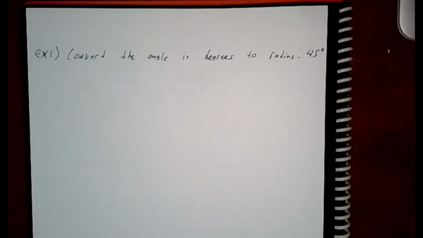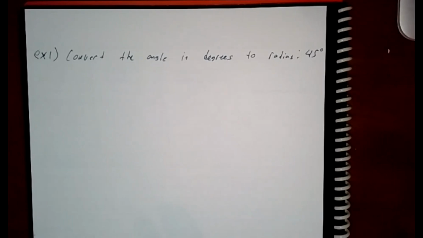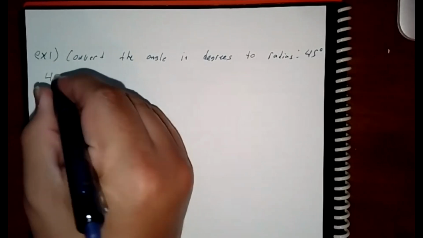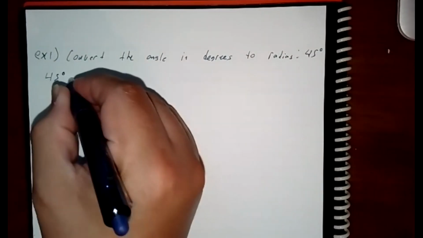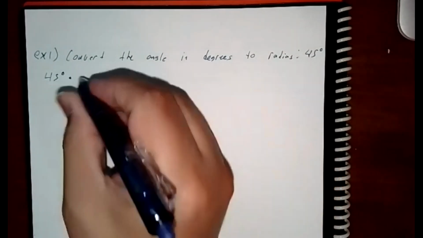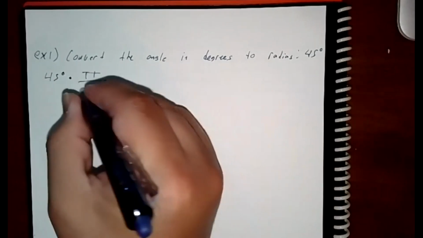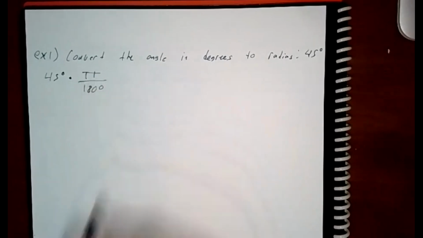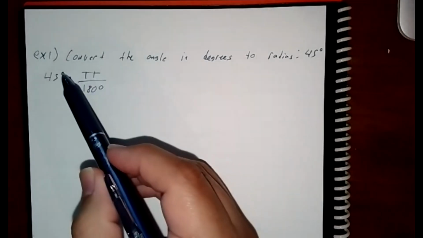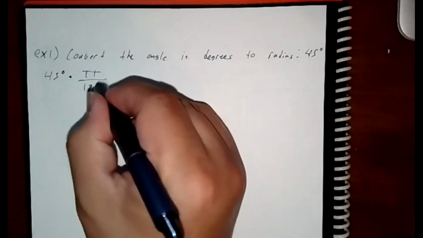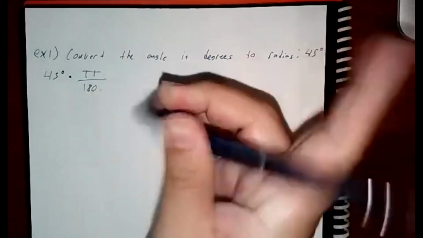Yeah, this is chapter 6, Kennedy. Okay, so all you have to do is use the formula that I gave you and multiply by that conversion factor. So if you have 45 degrees, I need to multiply by pi over 180 degrees. Make sure whatever you want to cancel is set up right. If I want to get away from degrees, then I need to have the degrees on the bottom, so 180 degrees is down here.